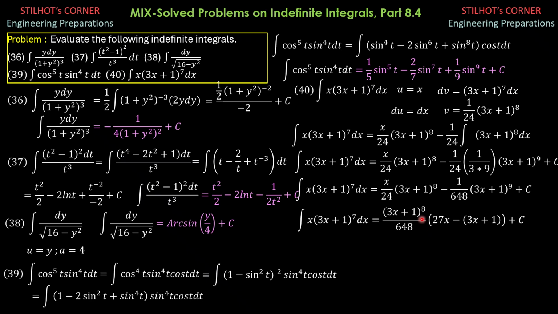So 3x plus 1 to the 8 over 648, factor out. So here it would be 27x, then minus quantity 3x plus 1. Finally, 27x minus 3x is 24x minus 1. So the integral is 3x plus 1 quantity to the 8 over 648 times quantity 24x minus 1 plus c. So that's it. Although the answer may be written at the earlier level here if you want to.